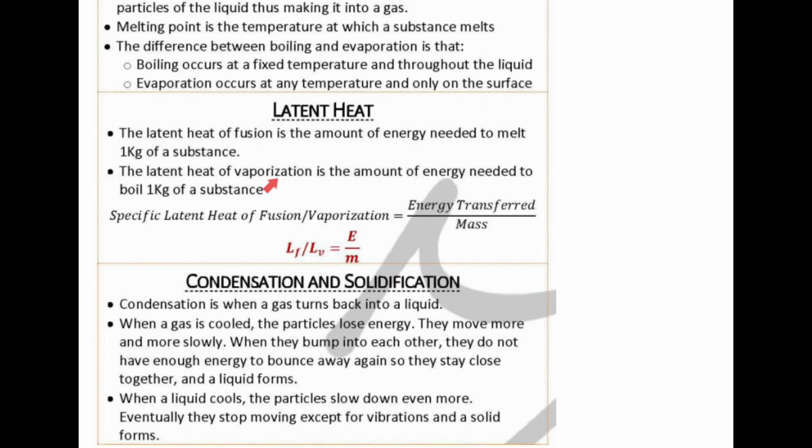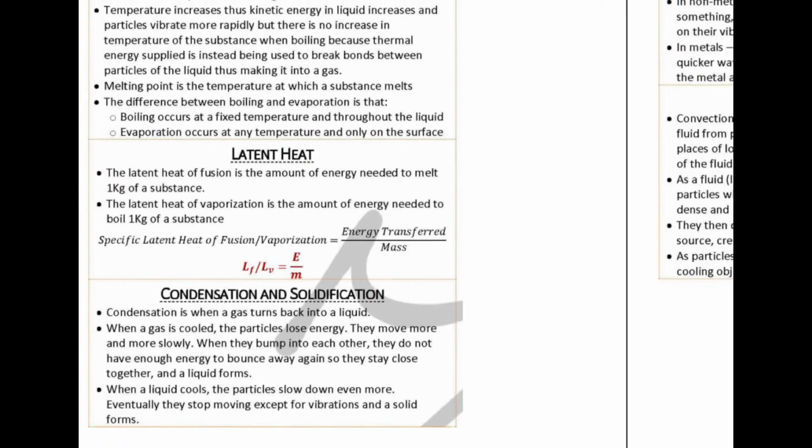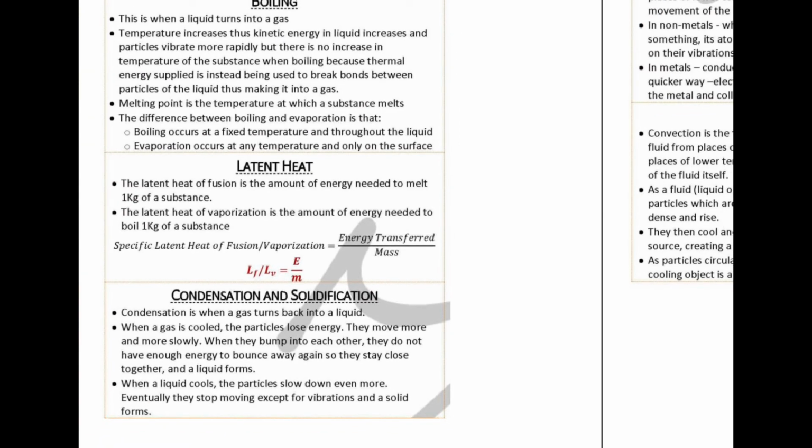So this is boiling. When you compare to specific heat capacity just now, that is to increase 1 kg of a substance by 1 degree Celsius. Let's try to relate everything in this way. So you try to look at the graph.